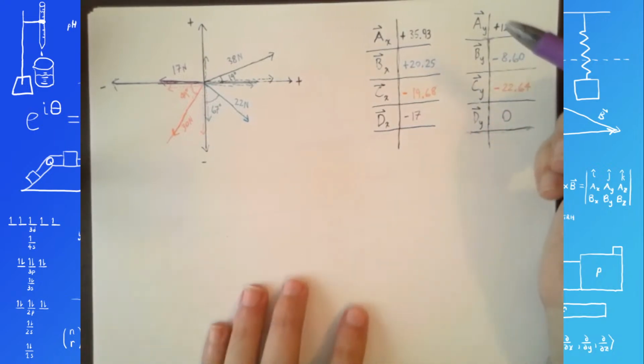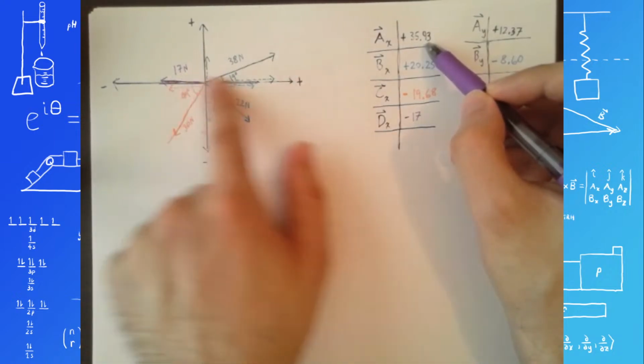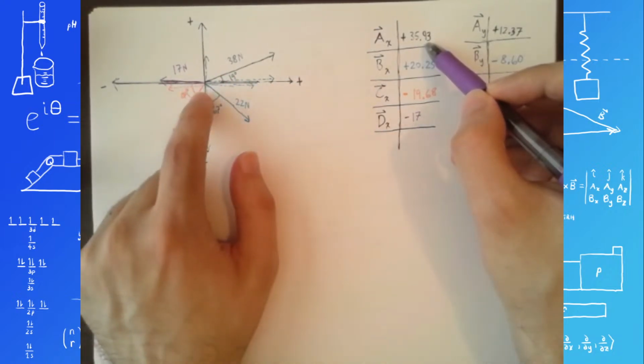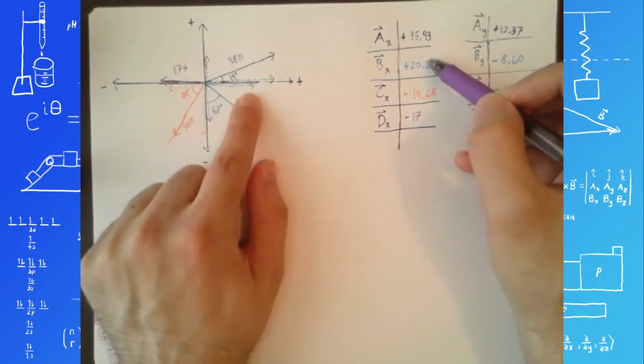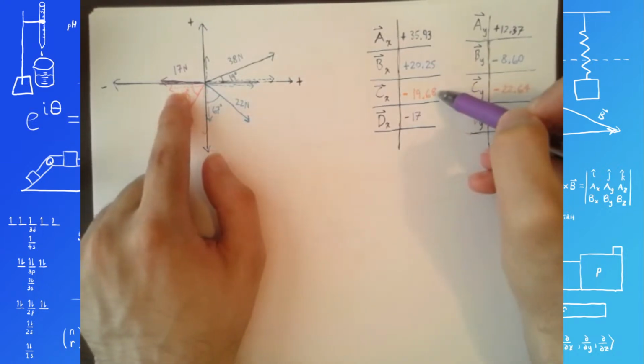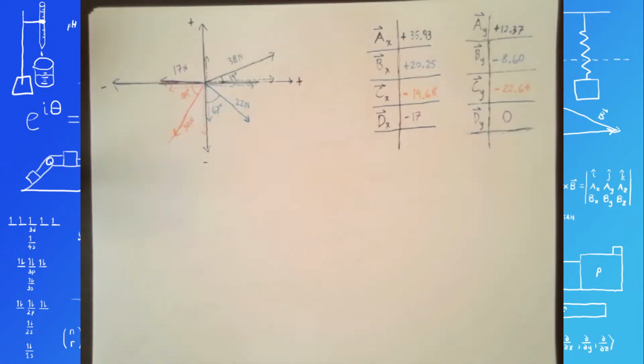So I've got add 35.93, that green component is pointing to the right, plus 20.25 also to the right, and then minus 19.68 to the left, and also minus 17. And that should give us something that's overall to the right, I think.